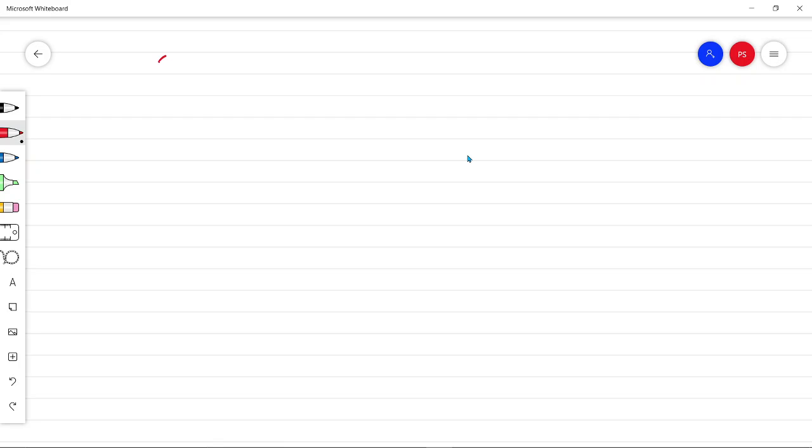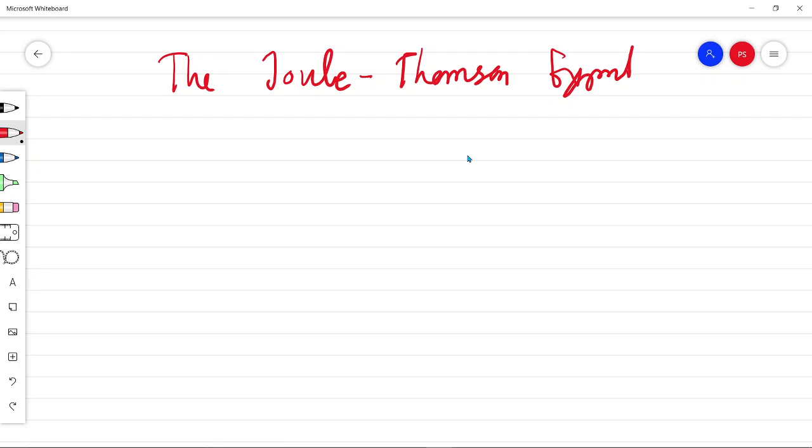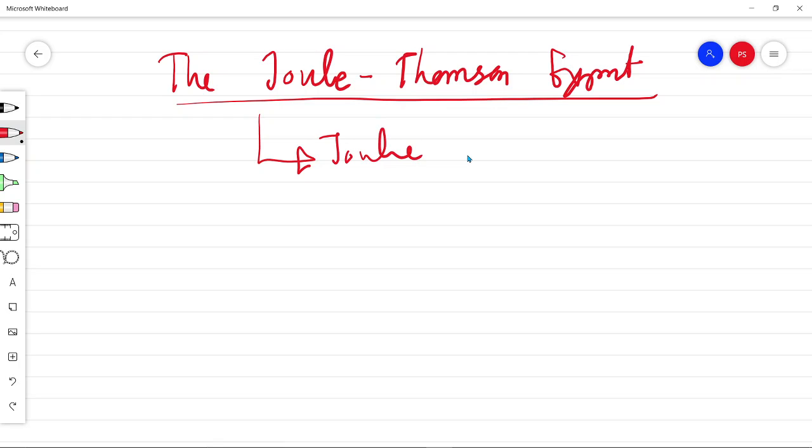Let us try to understand the Joule Thomson process or the Joule Thomson experiment, and its possible outcomes. Now, this experiment was initially performed by Joule and he came out with some result which was questioned by Thomson.